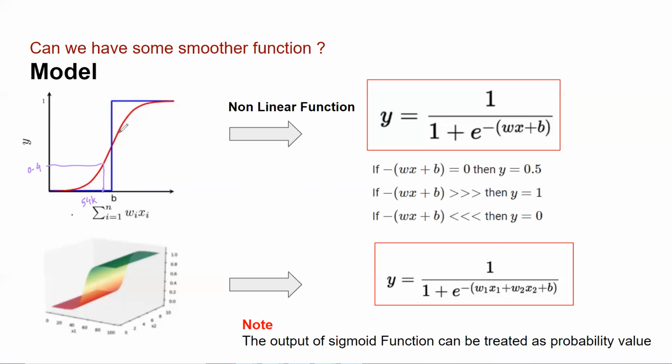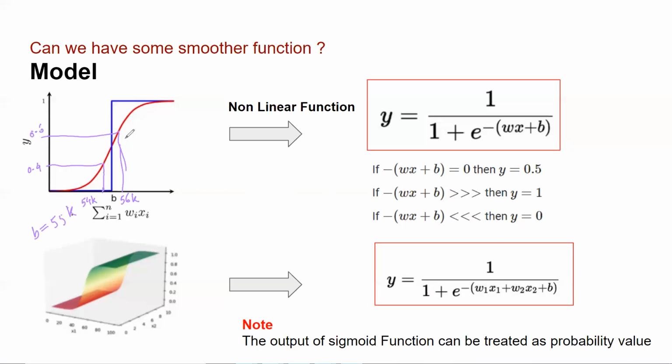Corresponding to this point, let's say it is 56K; my B is 55K. There will be some corresponding Y with this. Let's say this is 0.6.